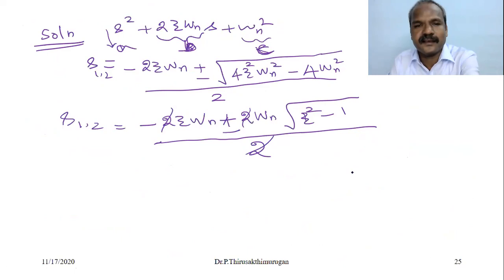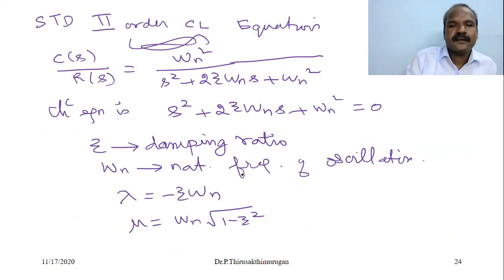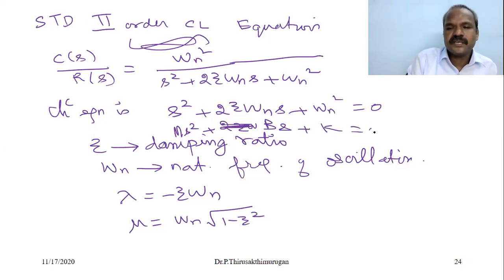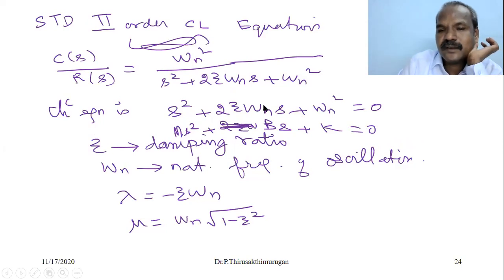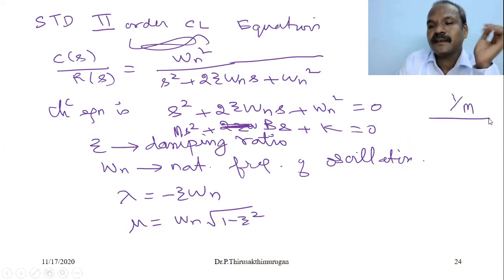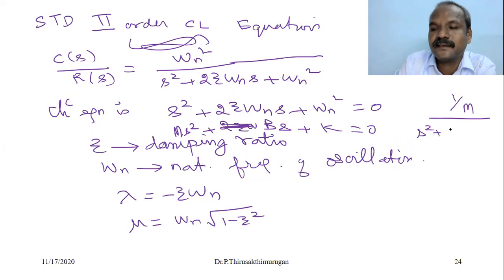Compared with the standard solution, m s square plus b s plus k equal to 0, you compare the coefficients. We already found that the numerator has 1 by m and the denominator is s square plus b by m s plus k by m.